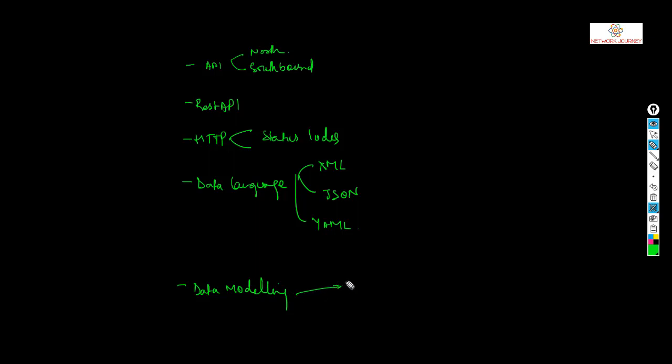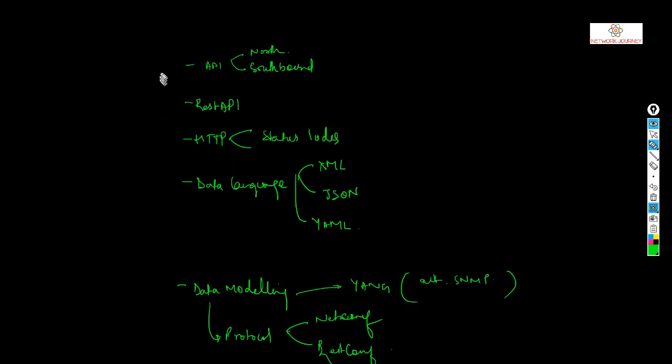Under data modeling, we had YANG, which is the best alternative to SNMP. And the protocols that we discussed were NETCONF, network configuration, and RESTCONF. So these are a few things we discussed in our part A. The previous class was all about this discussion.